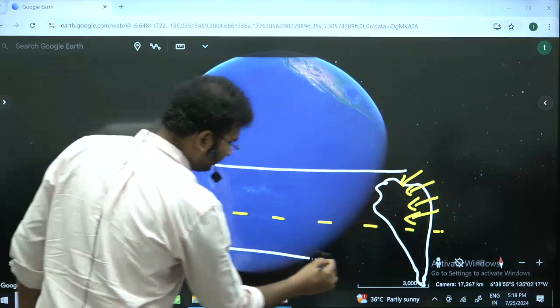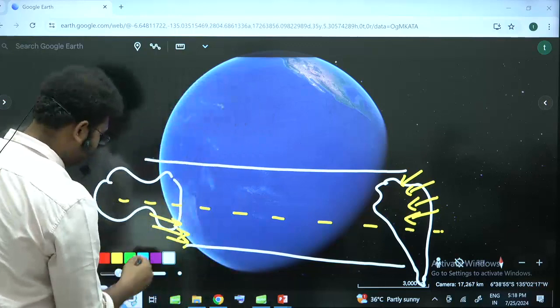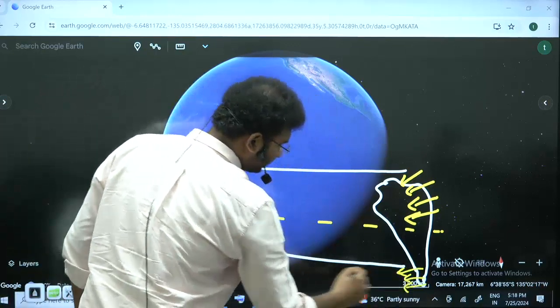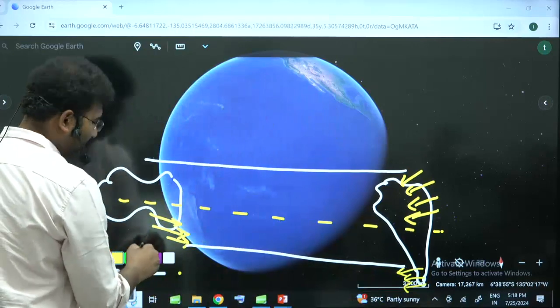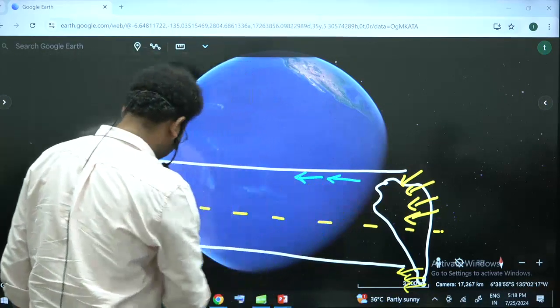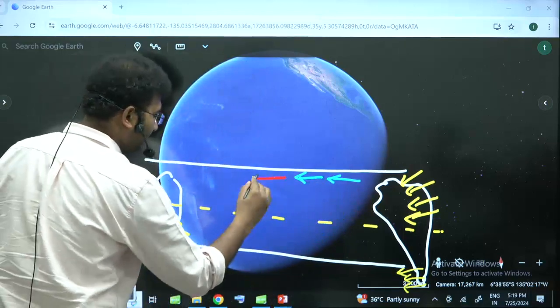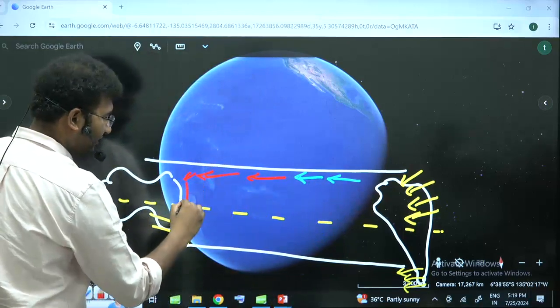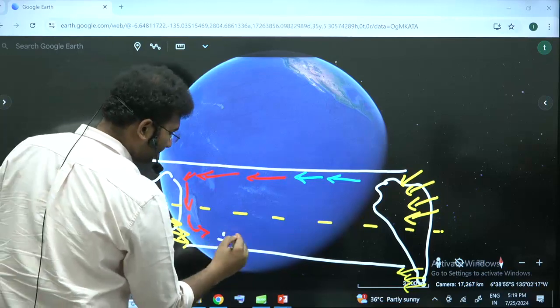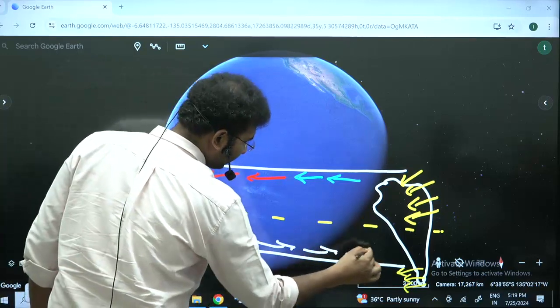And here you will have Antarctic Circle. So the winds here are again easterlies. So you tell me, in the normal times, the water from here it moves and then it comes and hits the coast of Australia. This is how the water should move back, right? Am I correct?